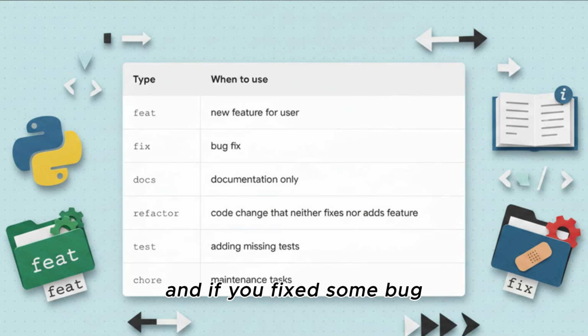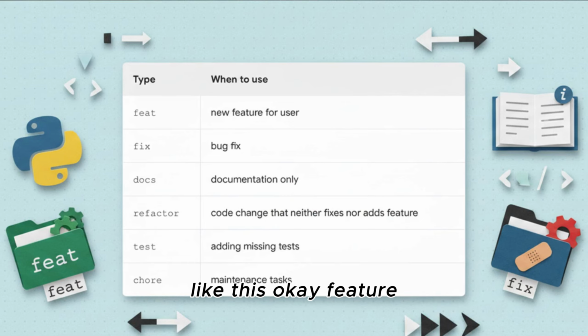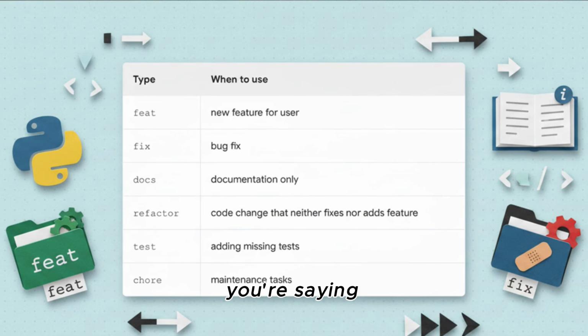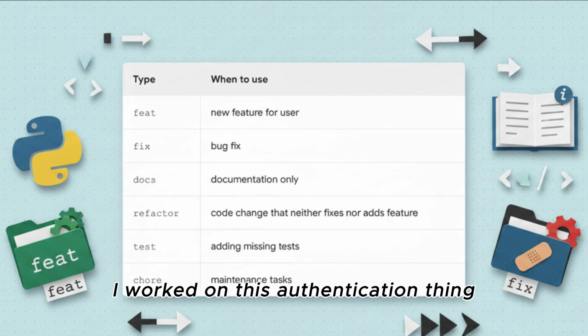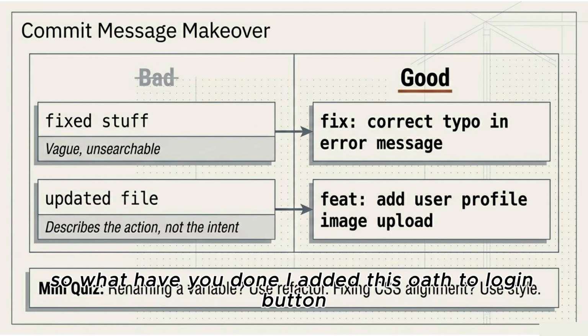And if you fixed some bug, you can say fix, and colon, and you can start writing like this. Which feature did you work on? I worked on this authentication thing. What have you done? I added this OAuth 2 login button.